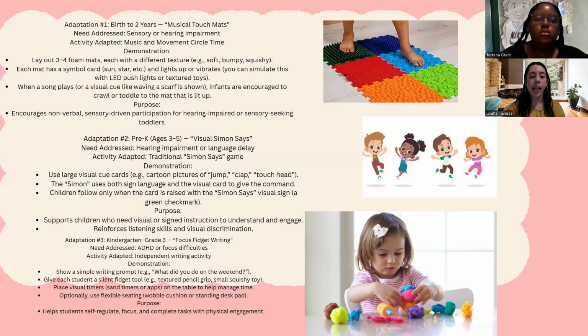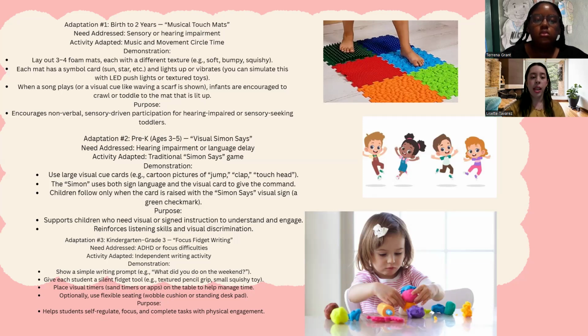When a song plays, a visual cue like waving a scarf is shown, and infants are encouraged to crawl or toddle to the mat that is lit up. Purpose: encourages nonverbal, sensory-driven participation for hearing-impaired or sensory-seeking toddlers.